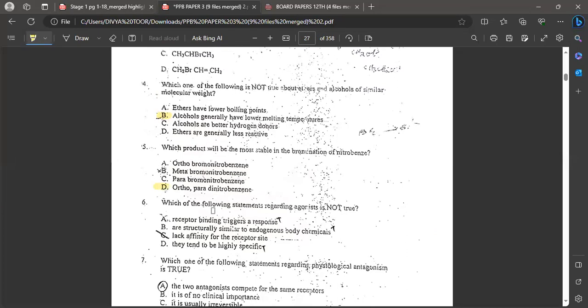Which of the following statements regarding agonists is true? A: Receptor binding triggers a response. B: They are structurally similar to endogenous body chemicals. C: They lack affinity for the receptor site. D: They tend to be highly specific.